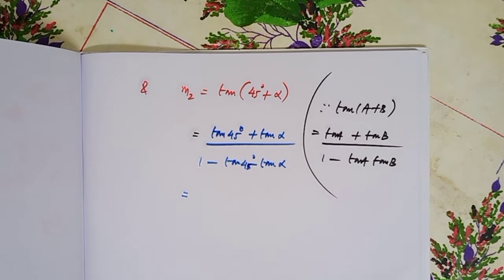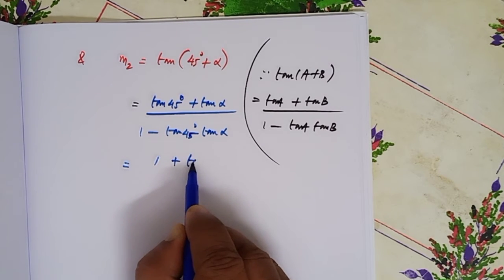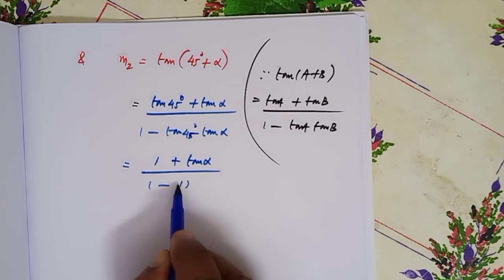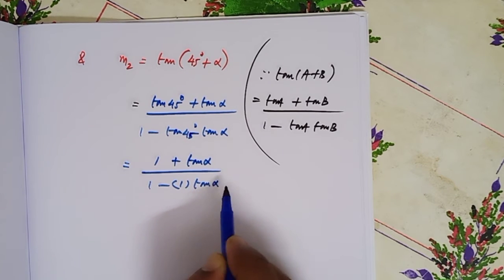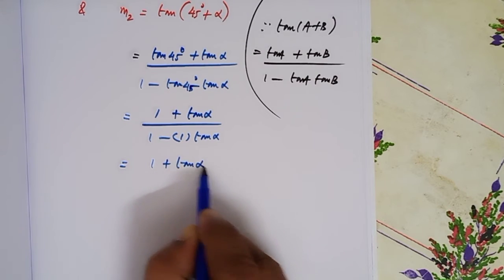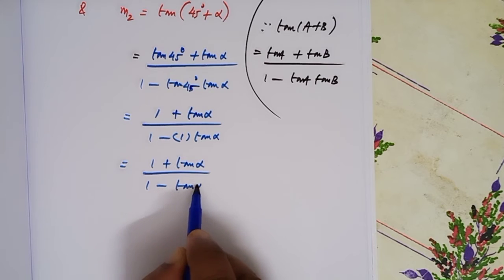The tan 45 degree value is 1, so it is 1 plus tan alpha divided by 1 minus 1 into tan alpha, that is tan alpha.